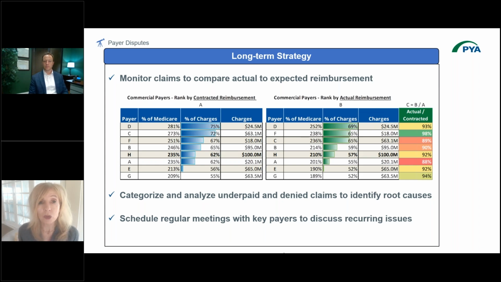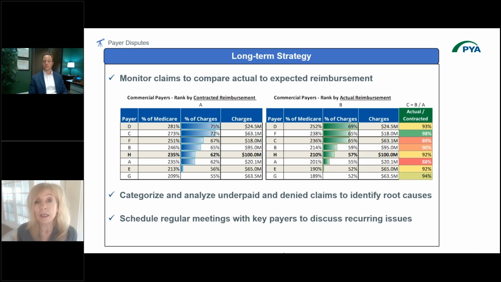Well, the first and most important thing is to monitor claims on an ongoing basis, comparing actual allowed amounts on those claims to expected reimbursement. This should really be standard work for your organization.